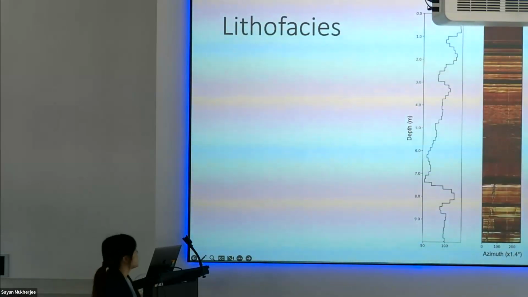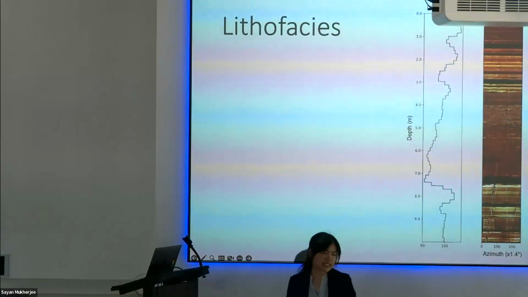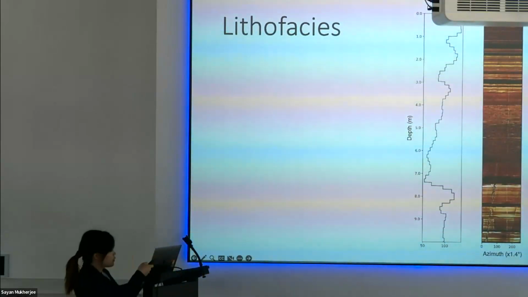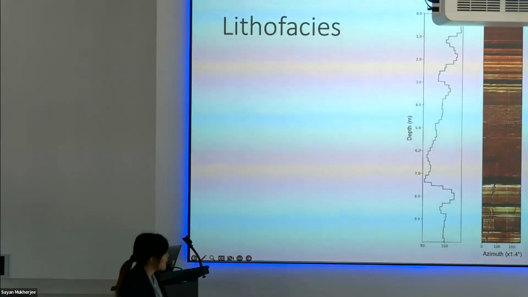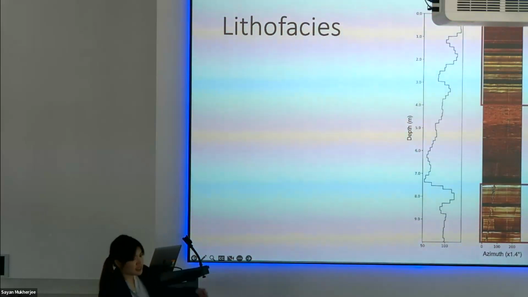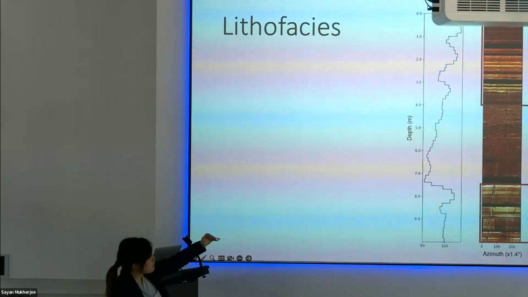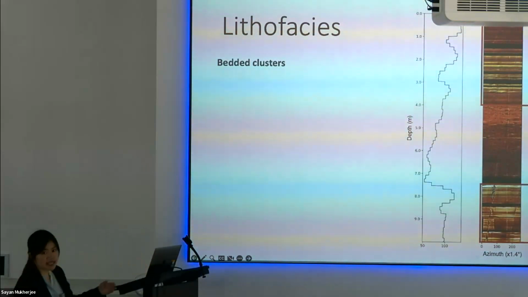This is a section of the data. From left to right are the gamma ray log, static image log, dynamic image log, and the cluster results, or the cluster log. From this section, we can identify thick bedded segments. These thick bedded segments can be further characterized into different bedded clusters.